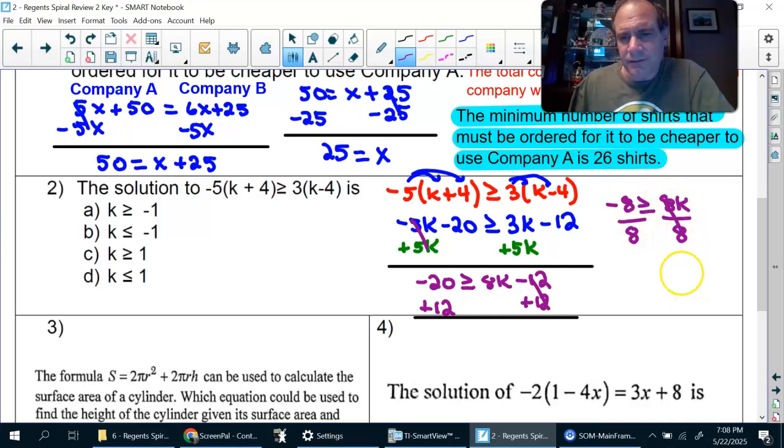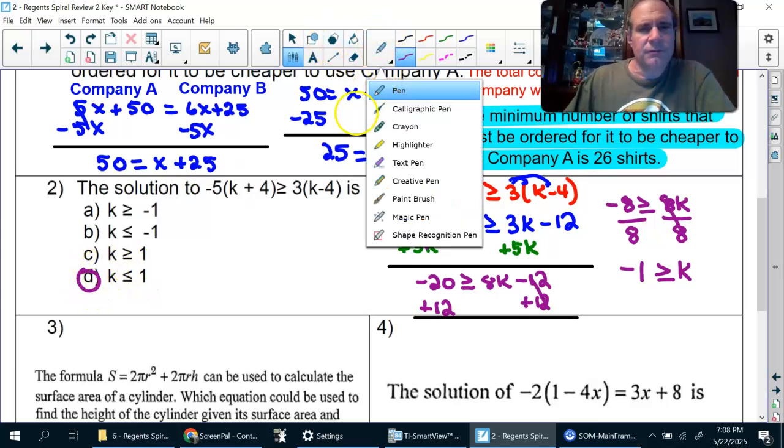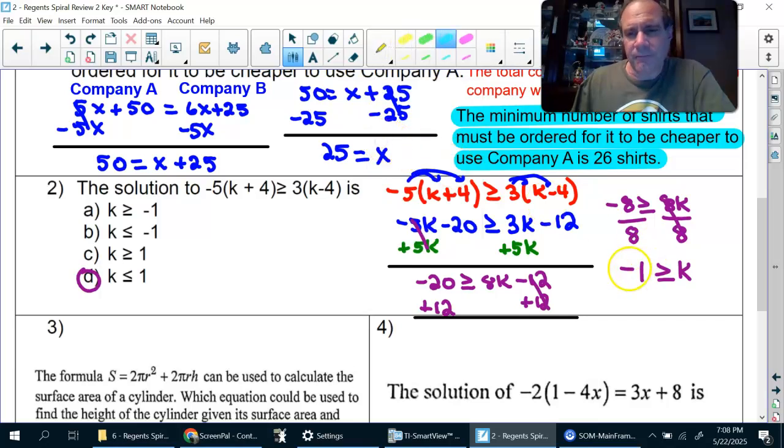This cancels, and then k comes down, but be careful because you have to read it from the variable out to the number itself. This is k is less than or equal to 1. That is d. So just be careful if you do it that way.